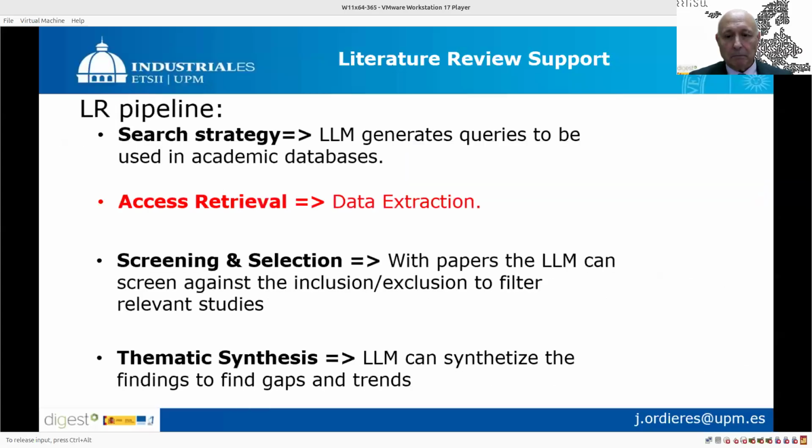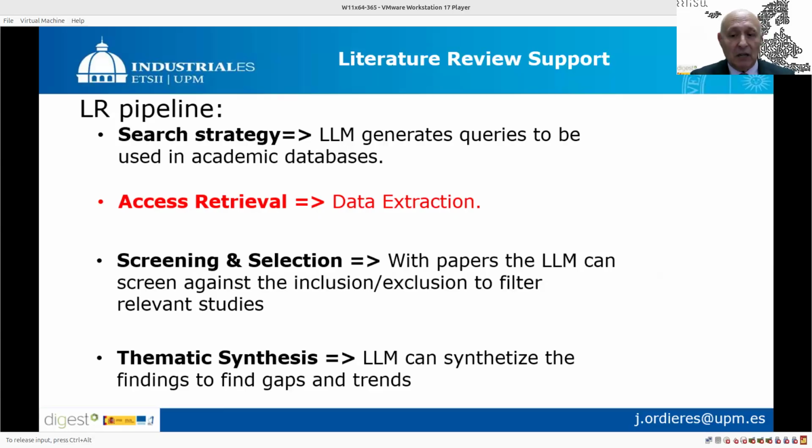So, step by step, for the search strategy, you can use the LLM to generate queries according to the research questions you think are the most convenient or the most representative. Be aware that those could change based on the findings you retrieve. But okay, you can use the LLM to generate the logic queries to be submitted.